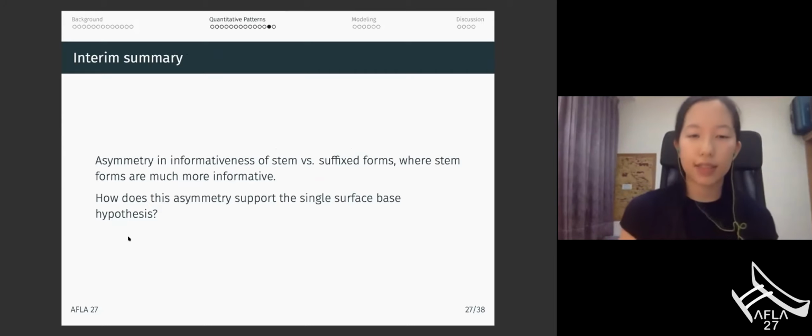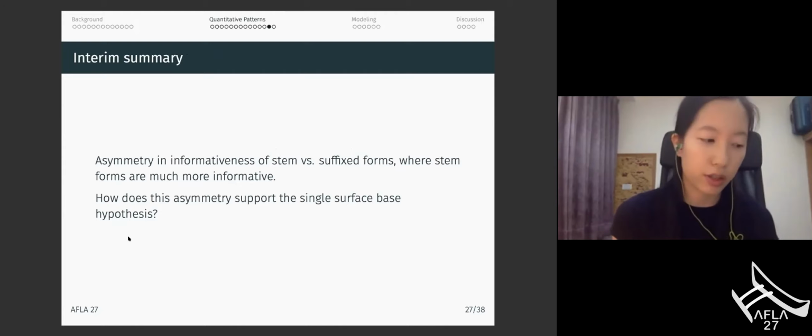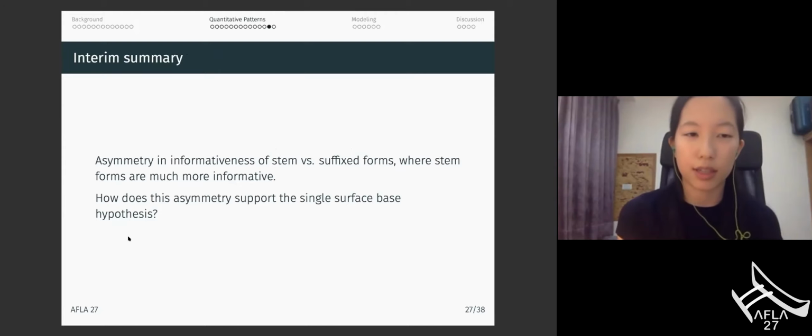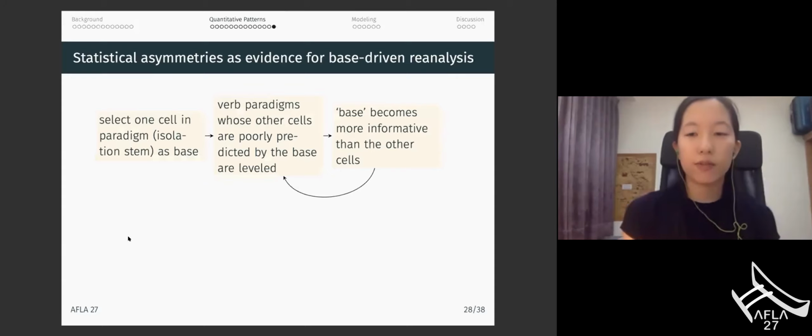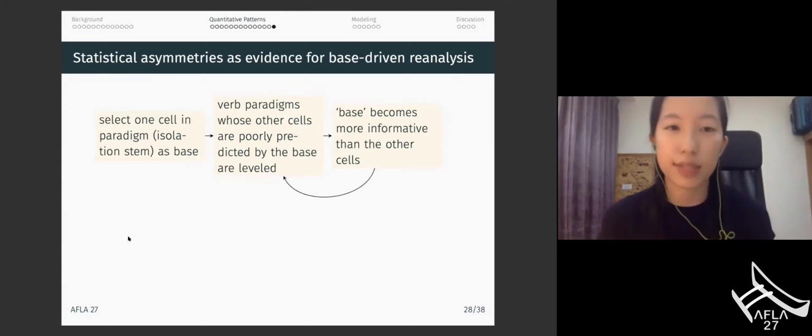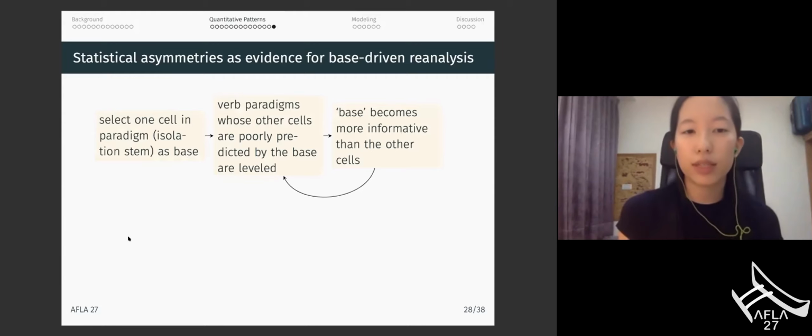So how exactly does this asymmetry support the single surface space hypothesis? Well, we can first assume a lexicon with a relatively symmetrical distribution of segments. And if one cell of the paradigm is selected as a base, in this case the isolation stem, then the verb paradigms whose other cells are poorly predicted will be leveled.